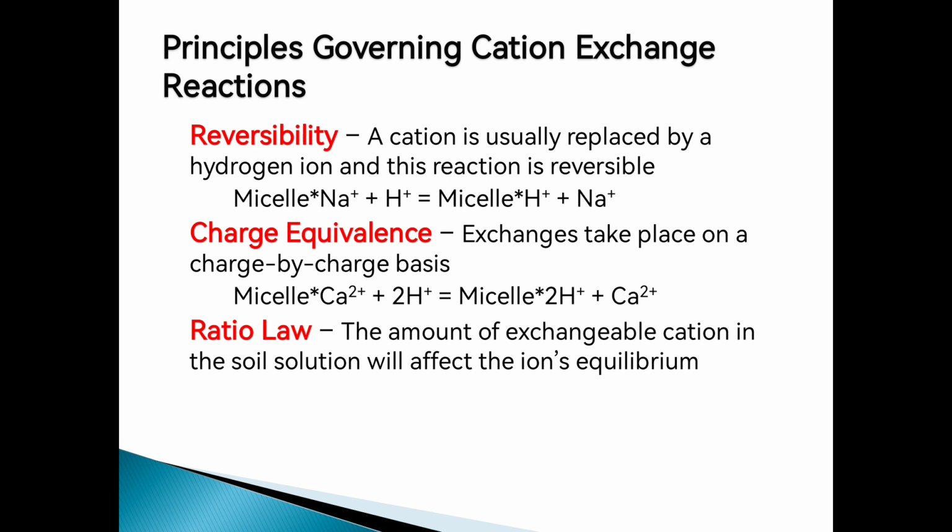The principles governing cation exchange reaction: first is the reversibility. A cation is usually replaced by a hydrogen ion, and this reaction is reversible. And we also have charge equivalence. Exchange takes place on a charge by charge basis. And the ratio law: the amount of exchangeable cation in the soil solution will affect the ion's equilibrium.